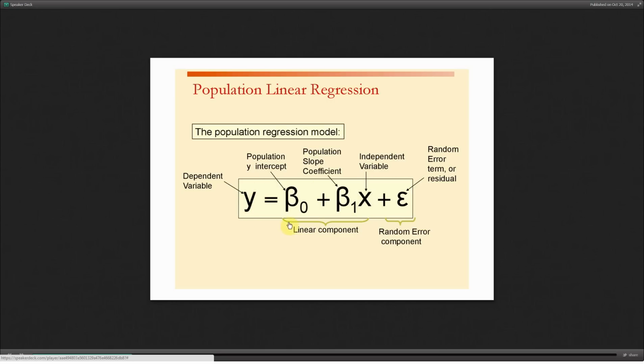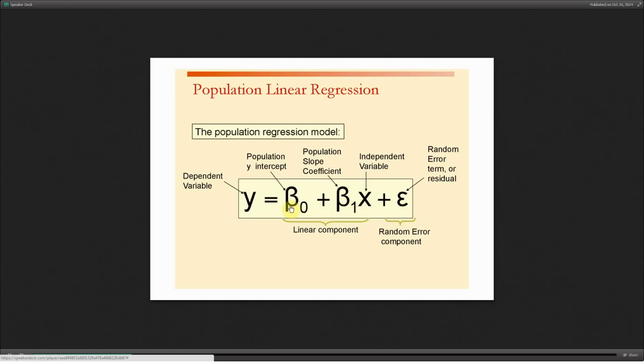So what I'm saying is that given an independent variable value x, I multiply it by a population slope coefficient, called beta 1. Again, we use a Greek character to represent that this is a characteristic of a population. Beta 1 just means the first thing. So it's the slope that multiplies the independent variable.